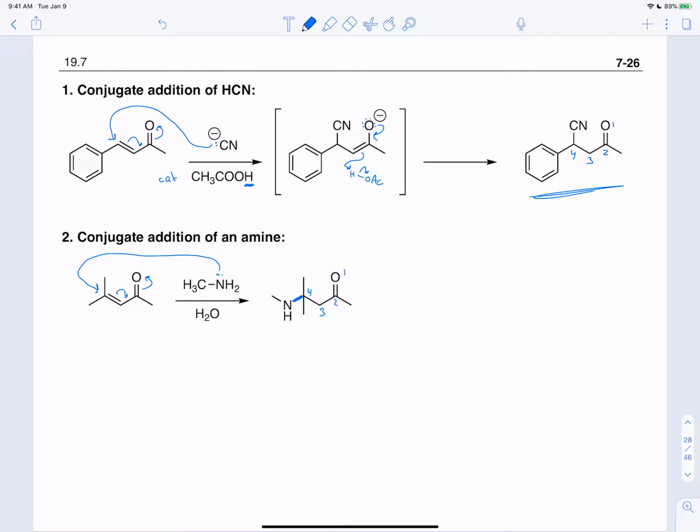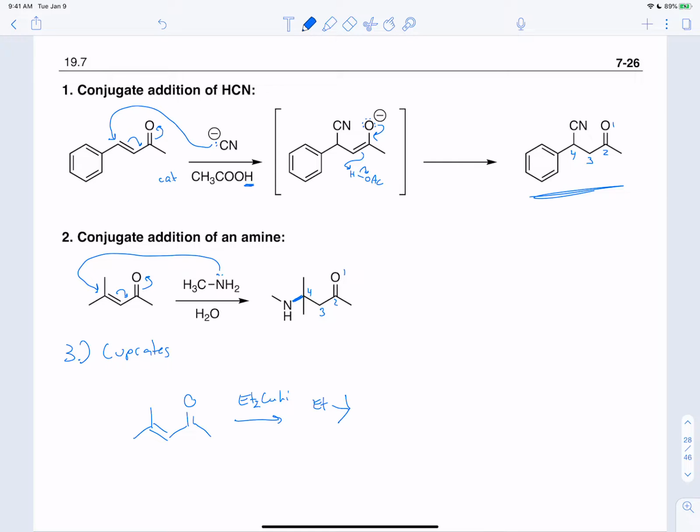And just to maybe show another example, I'm going to add a 3 on here for cuprates. So let's imagine we had the exact same carbonyl compound. If we were to add in diethyl cuprate, first we'd end up still making an enolate.